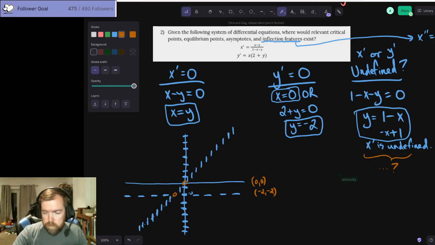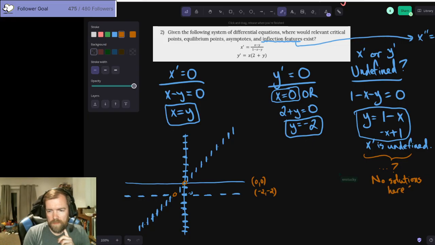There could be no solution that passes through any of those points. Right, so generally speaking, we're going to want to take a look at what's going on along that particular line.